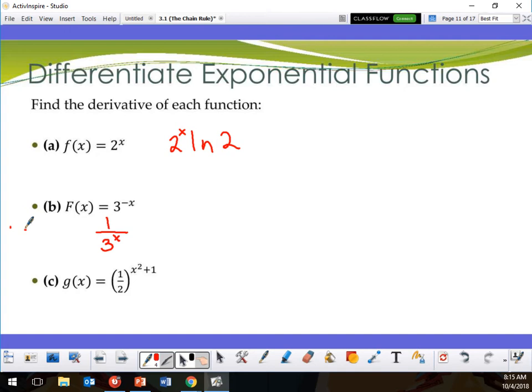So the derivative of the first one is going to be 0, because that's a constant, times g of x, which is 3 to the x, minus the derivative of this, so it's going to be 1 times 3 to the x ln of 3, all over 3 to the x squared, right?